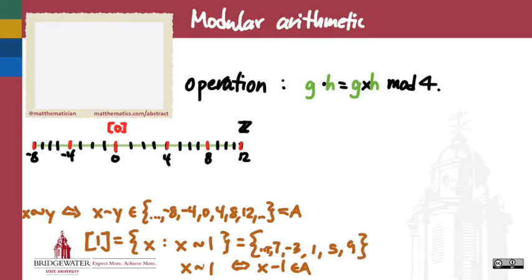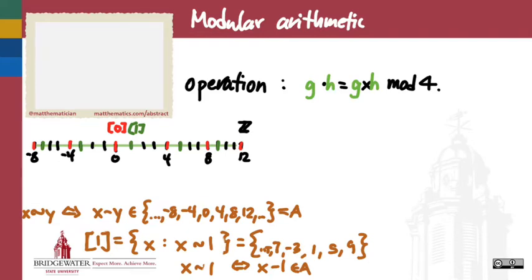Right, these are all the numbers which are one more than a multiple of 4. And so the equivalence class of 1, if I color code it some other color, let's say green, includes 1 because of the reflexive property. Everything is in its own equivalence class, but it also includes 5, 9, -3, and -7. So all of the green marked points on the integers are part of the equivalence class of 1.